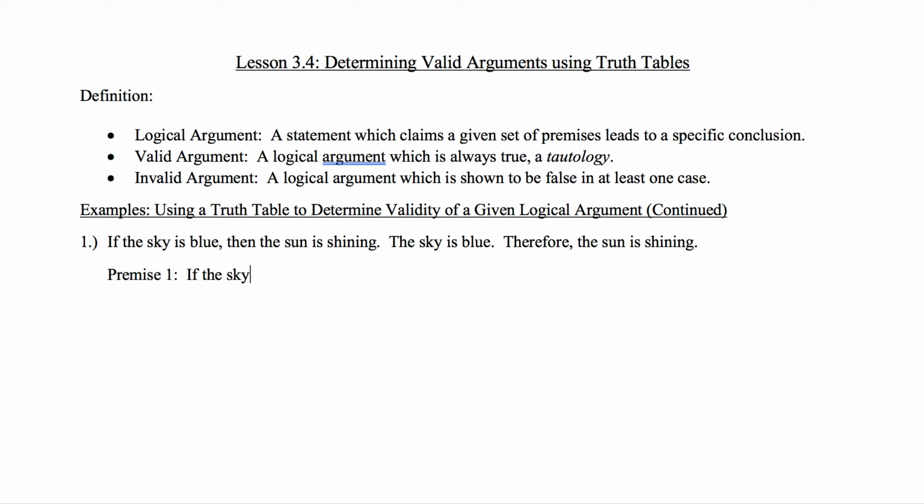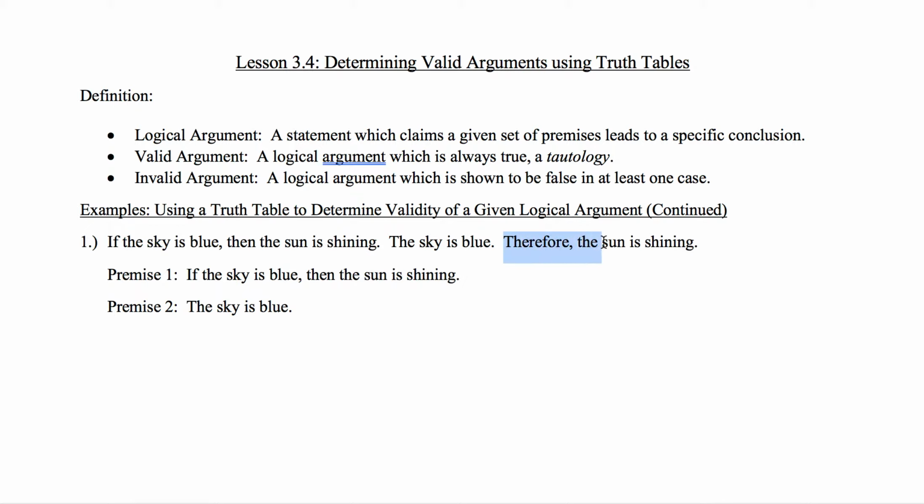And so I'm just going to retype it right here so we'll have it. So if the sky is blue, then the sun is shining. That is premise 1. The second sentence we're going to call premise 2. The sky is blue.